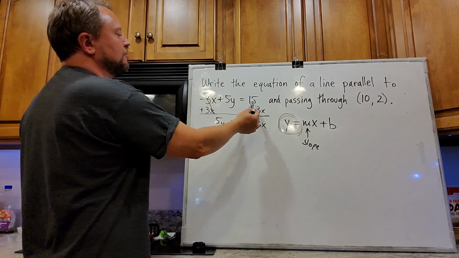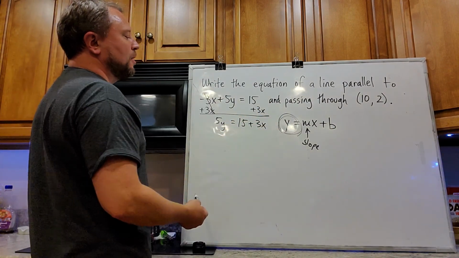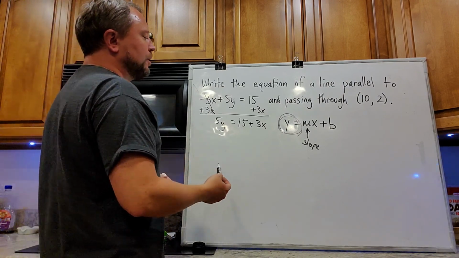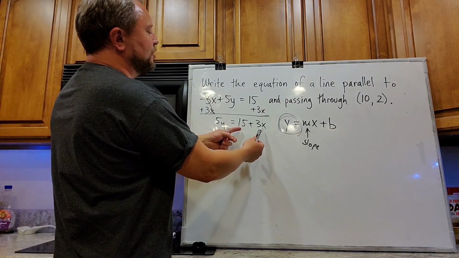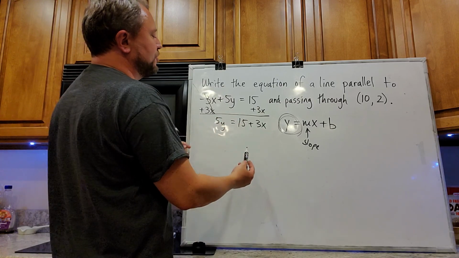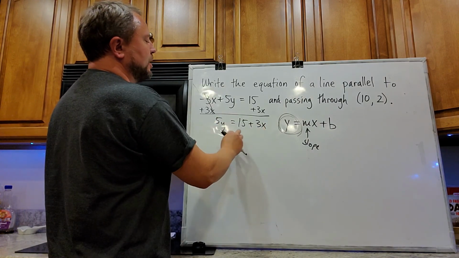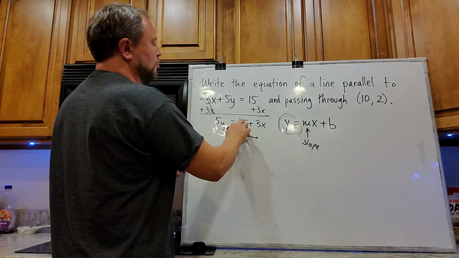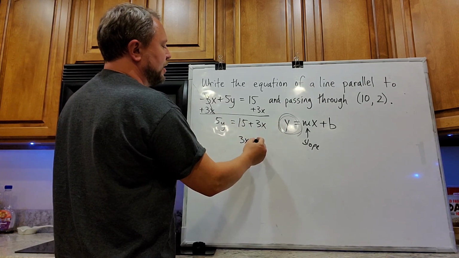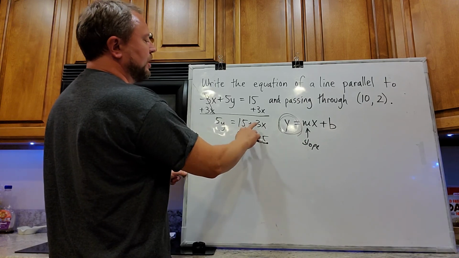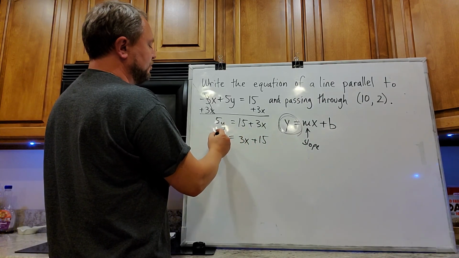So you just leave it as 15 plus 3x. Or, like I mentioned earlier, if that really gets on your nerves that the x is not written first, feel free to switch these around. You can move this positive 3x to the front, and you can move the positive 15 to the end. That's still the same thing if you switch it around like that.